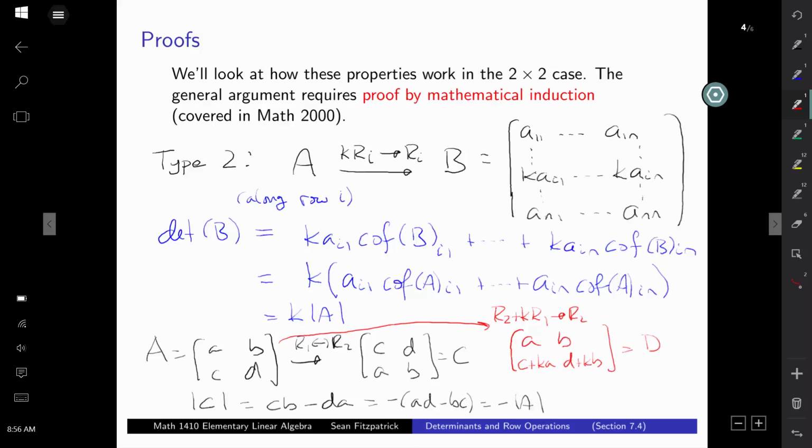Call that D. If you calculate the determinant of D, you get ad plus akb, when I do a times d and then a times kb, minus bc plus bka. You can see that when you subtract this akb and this bka, those cancel out and you're left with the original determinant, ad minus bc. With a little bit more work you can show that this also holds for 3 by 3 and higher, but we definitely don't have room to do that on these slides, and we don't want this video to get too long.